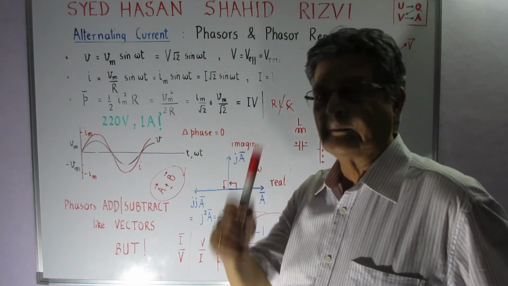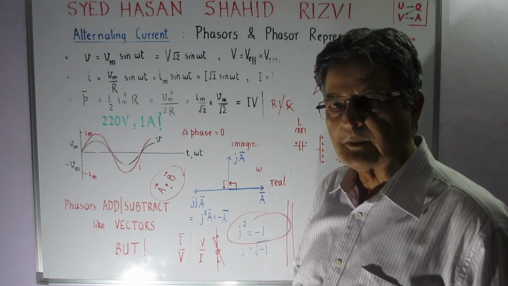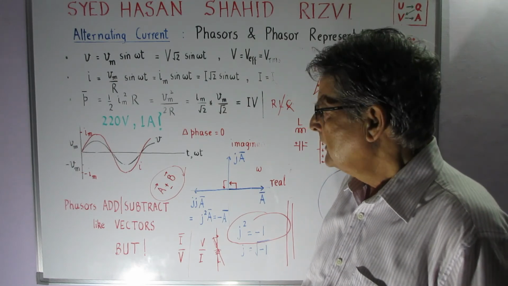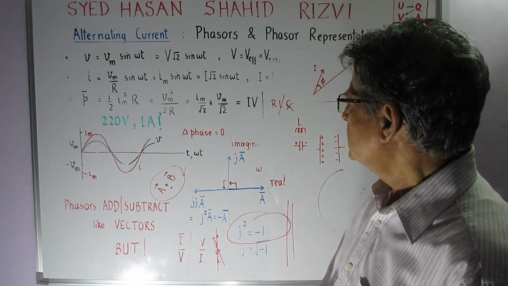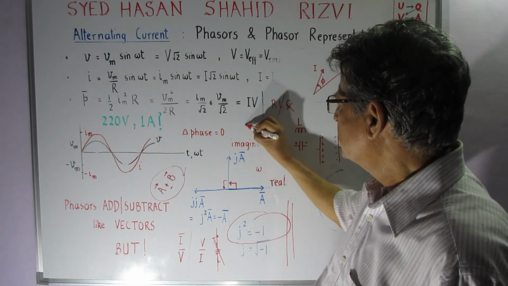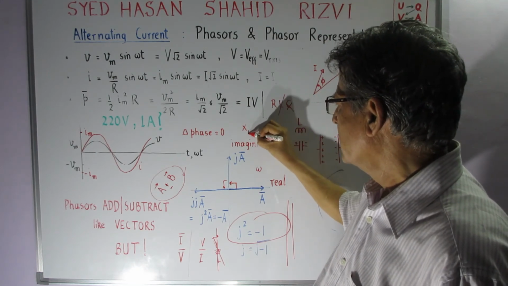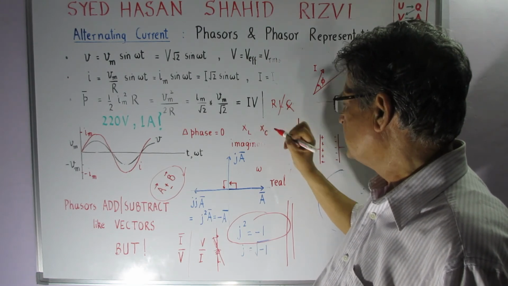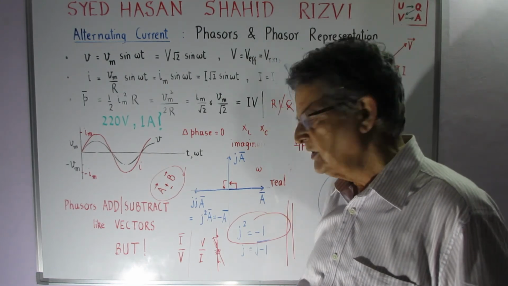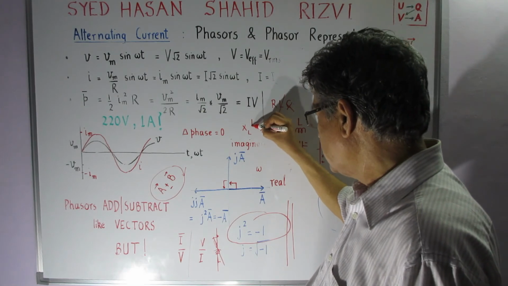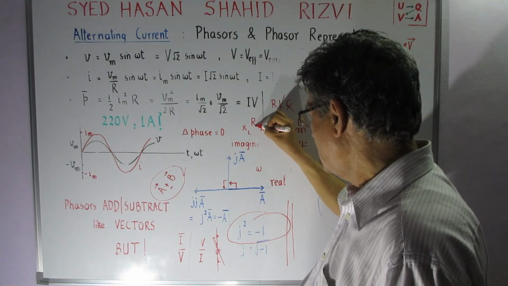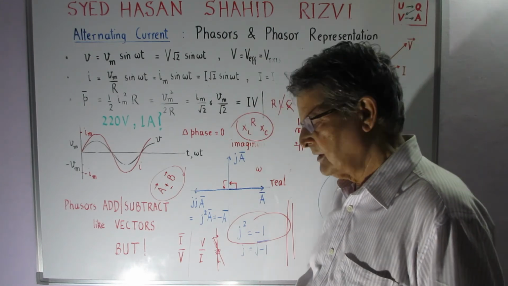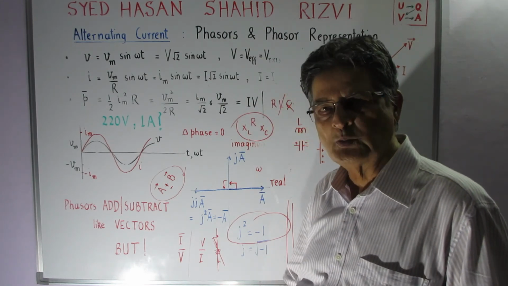There is one more thing before I wind up, because you will say, oh, he didn't tell us this thing. You see, there is something called XL and there is something called XC, inductive reactance and capacitive reactance, and there is of course our resistance R. They all have their units as ohms.